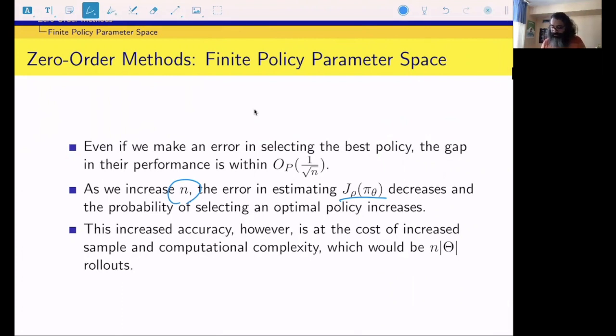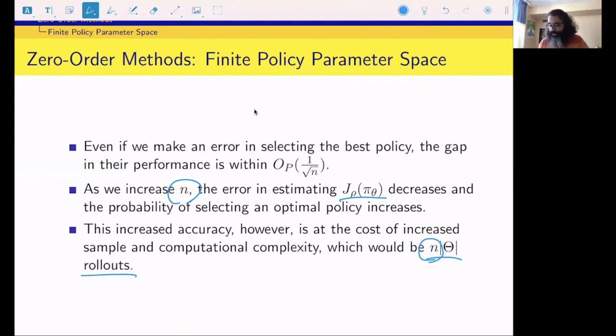The computation and samples would be order of n times the number of parameters, which is finite in this case, times the number of rollouts. It depends on how long the rollouts are. If they are very long episodes, then that would be a large sample complexity. But if they're small, that wouldn't be too bad. But basically, by increasing n, we need more computation.